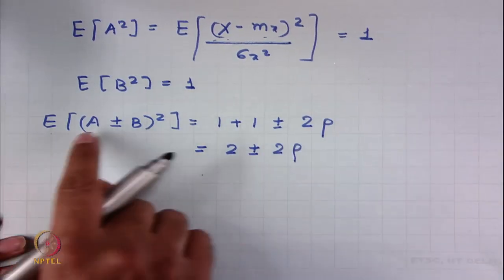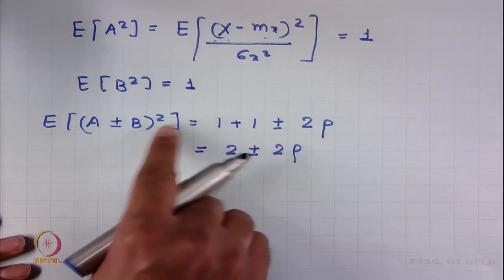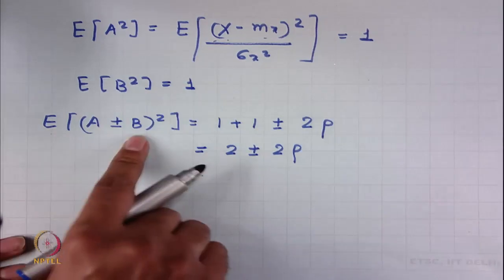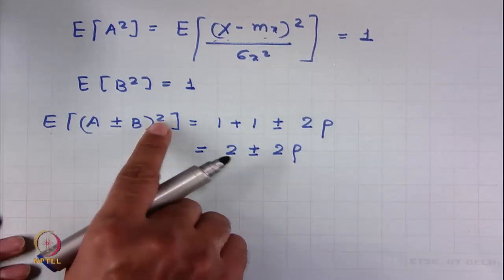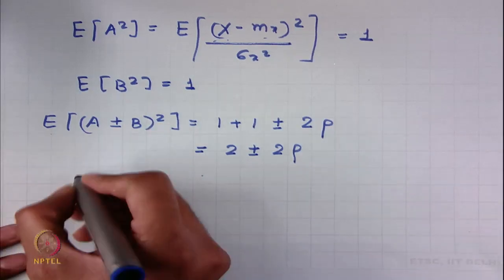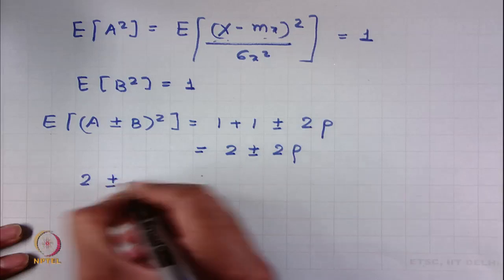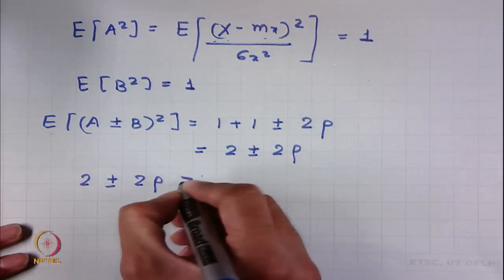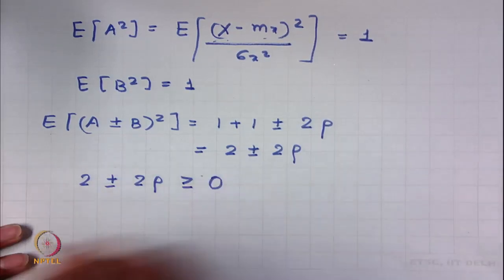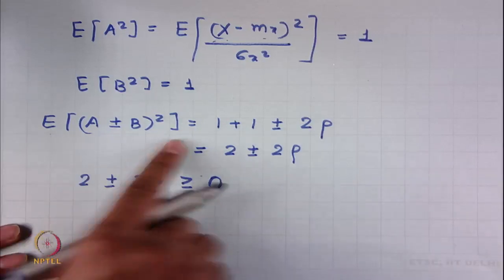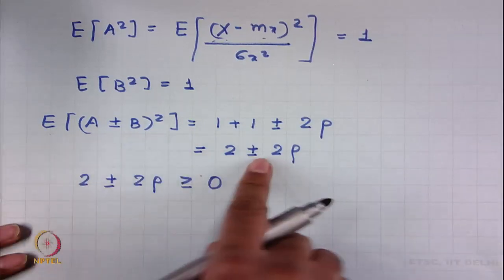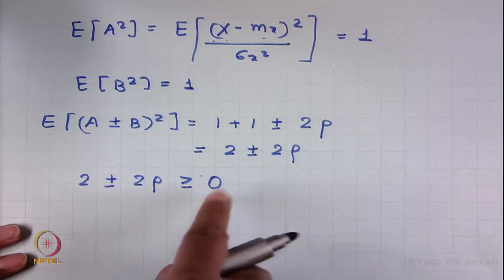Okay. Now, expected value of A plus or minus B whole square can never be less than 0 because this quantity is always non-negative. So, 2 plus or minus 2 rho should also be non-negative.